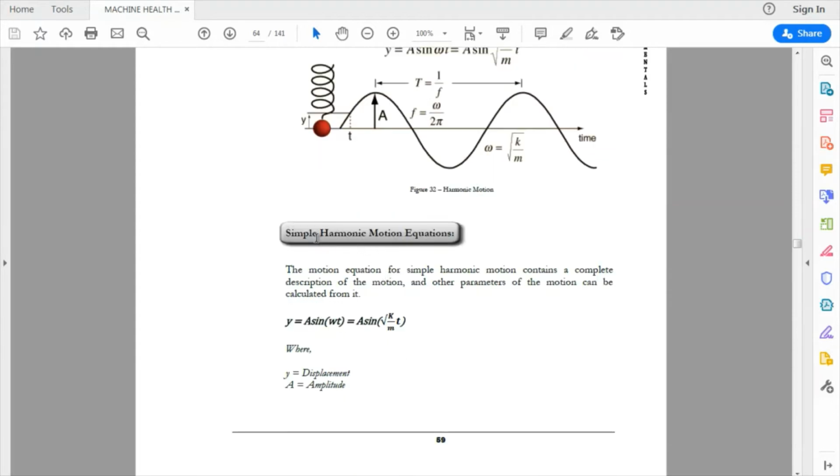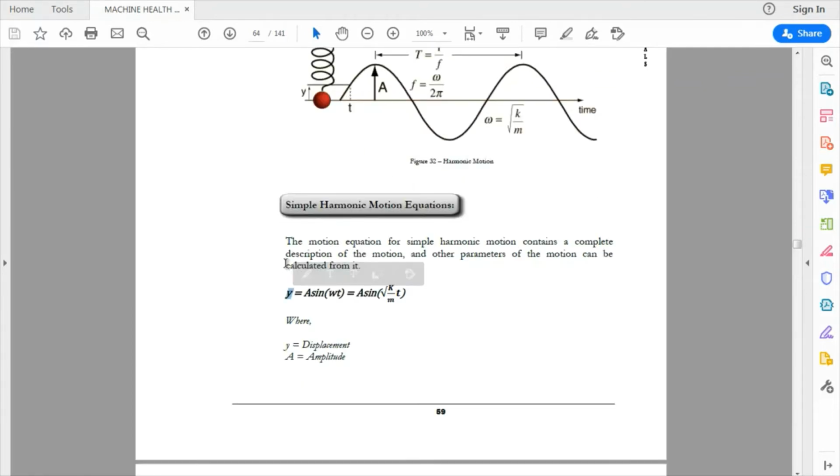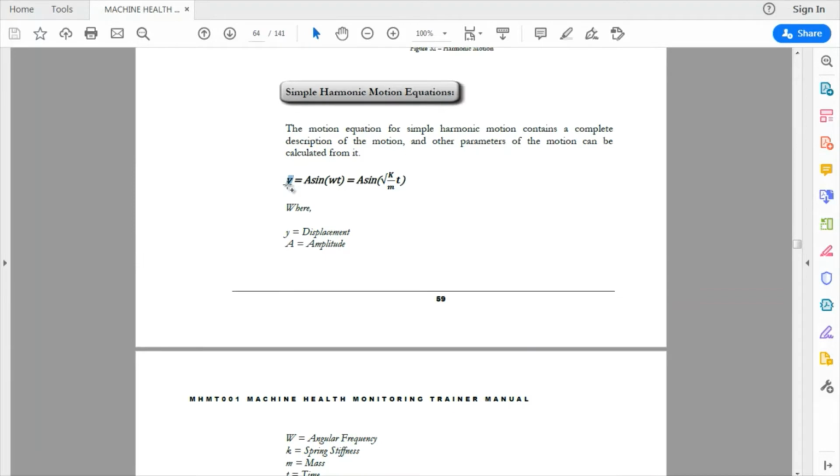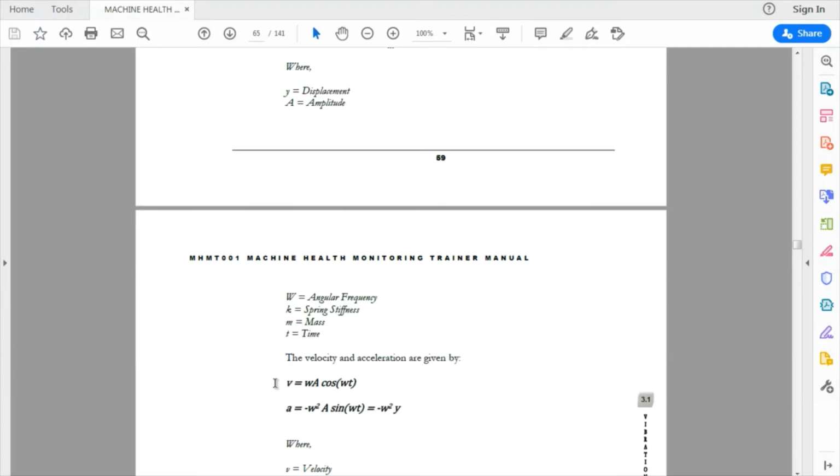So for simple harmonic motion equations, if we assume that this harmonic motion, as we discussed in this figure, is A sine omega t or A sine square root of k over m t, this is the value of displacement. If we differentiate that y to get y dot, which is velocity, differentiation of sine will bring us cosine, so omega A cosine omega t.